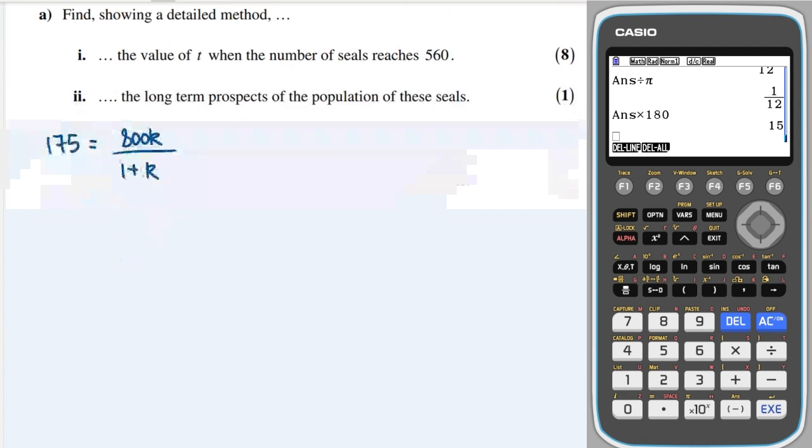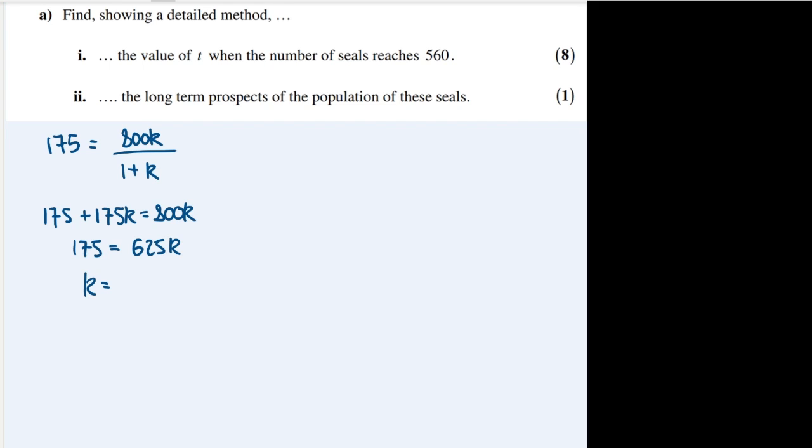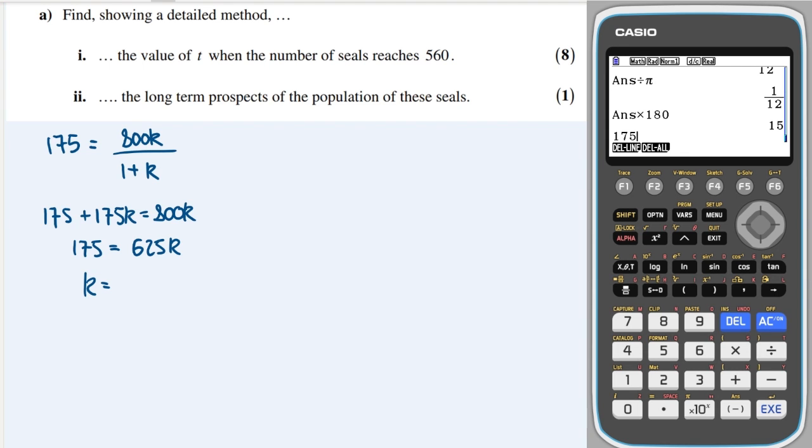Okay, great, so let's rearrange this to get 175 plus 175k equals 800k. So 175 is equal to 625k. So k is equal to 175 divided by 625, which gives us 0.28.